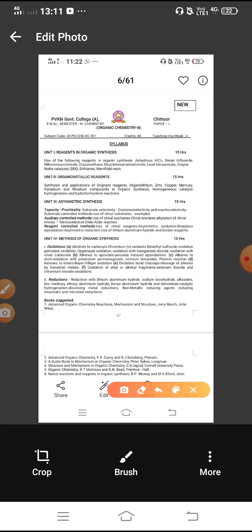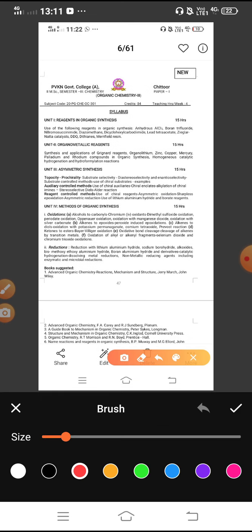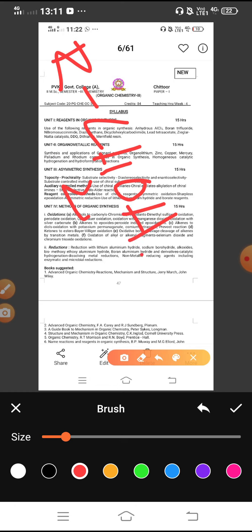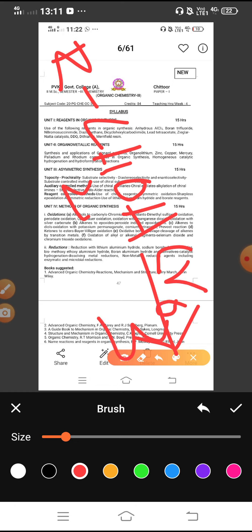For example, RCH2OH. This is a primary alcohol. Primary alcohol is treated with CrO3, chromium reagents, and converted to aldehydes, RCHO. See here, primary alcohols are converted into aldehydes.